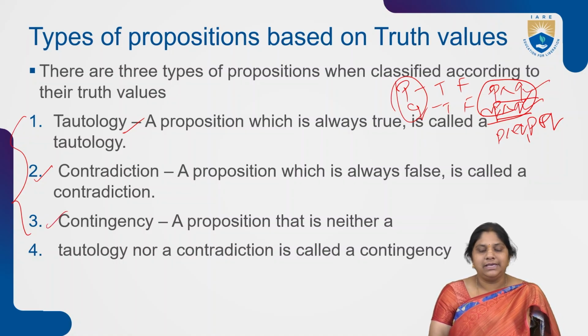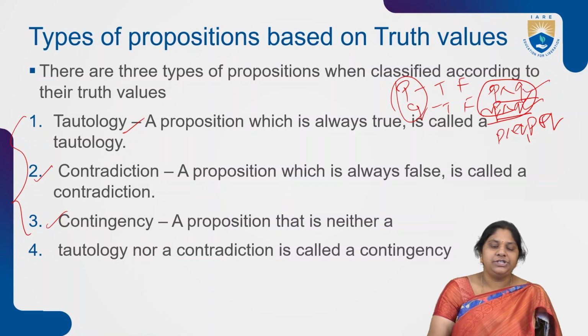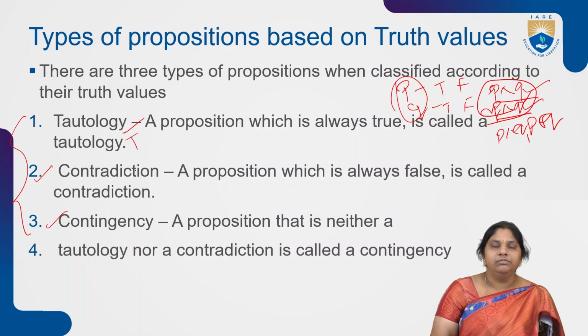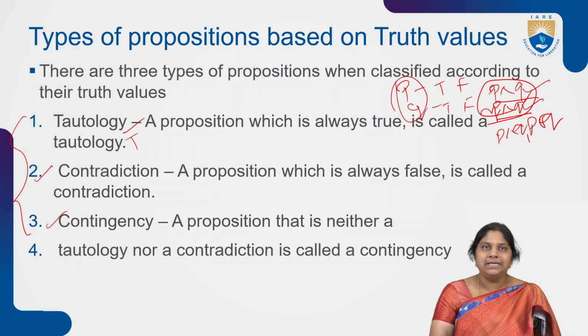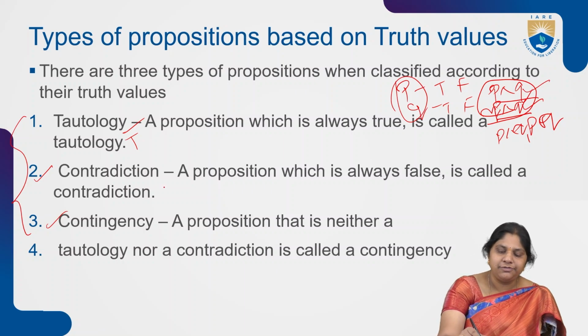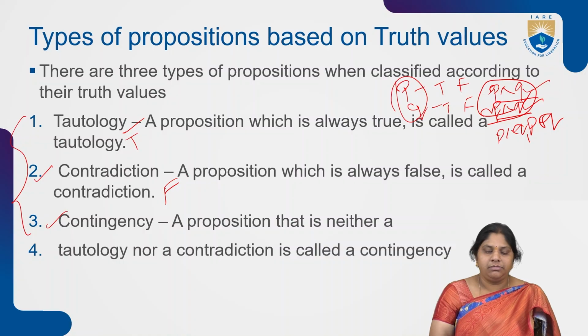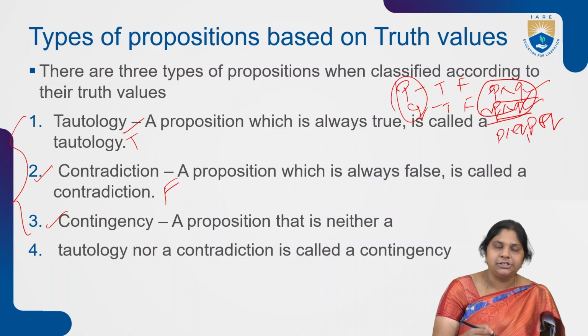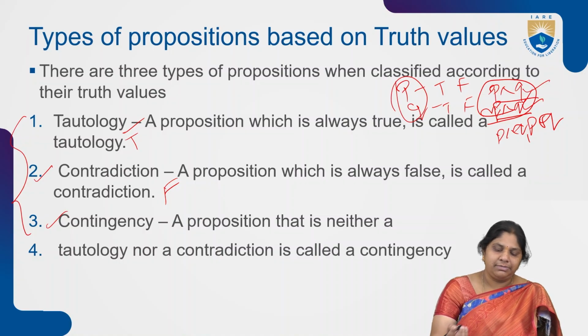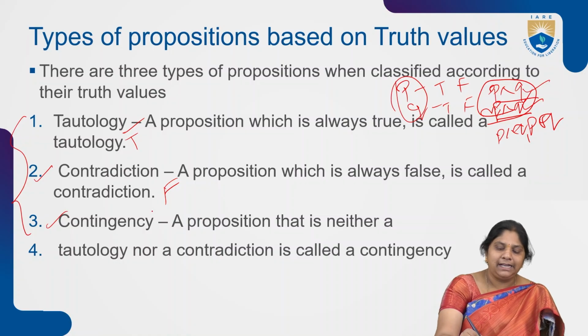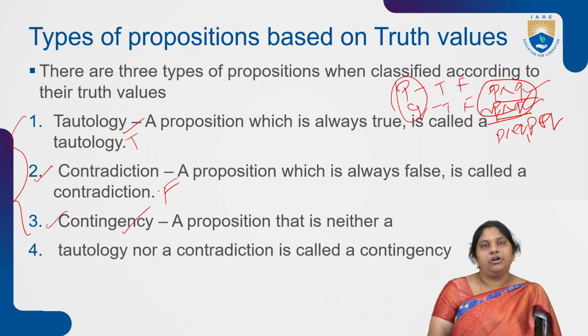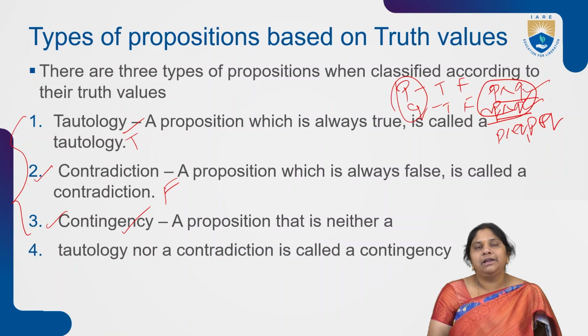So we can see that in any situation, if you are drawing only true values, that type of proposition will be called a tautology. If in any situation we are drawing only false values, that type of proposition will be called a contradiction or fallacy statement. And if it is sometimes true, sometimes false based on the situation, that type of proposition is called a contingency statement. That we can understand based on this.